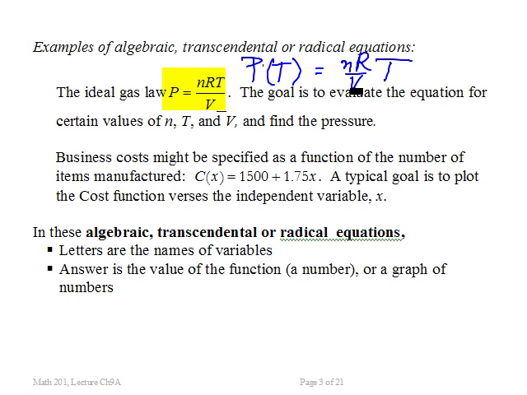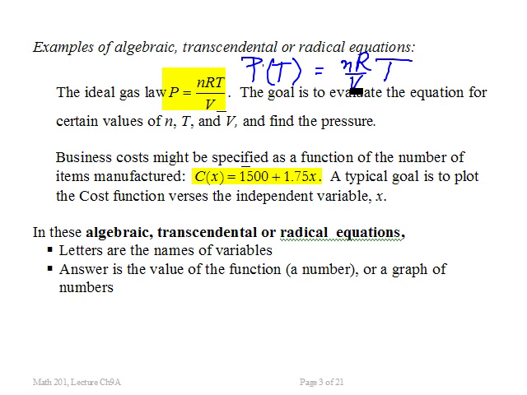For business, the costs might be specified. So here's your cost specified as a function of x, which is the number of items manufactured. You have here 1,500, which is of course your fixed cost, and 1.75, that is a variable cost. Again, the form of C is known. It is a polynomial.